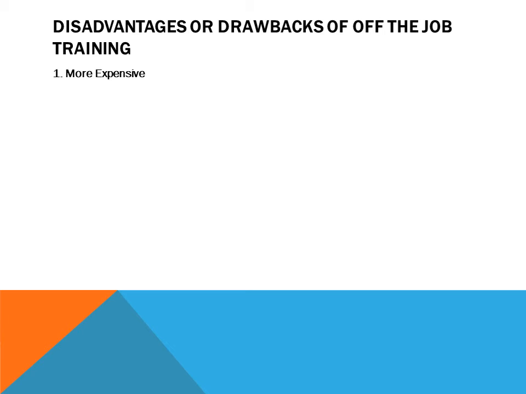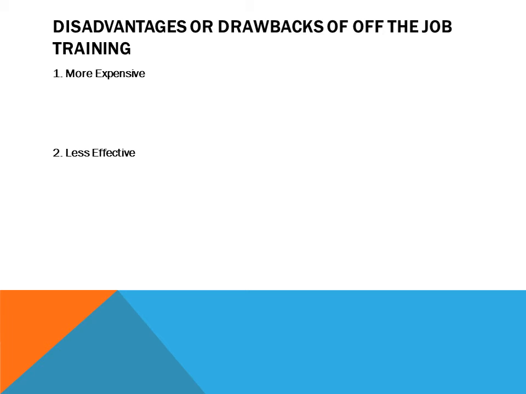So in that way we can say that off the job training leads to more expense. It's an expensive method, so it leads to high cost. Talking about the next disadvantage, it is less effective. Here off the job training is less effective.